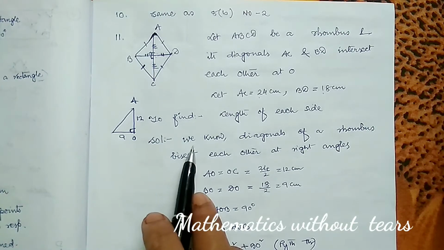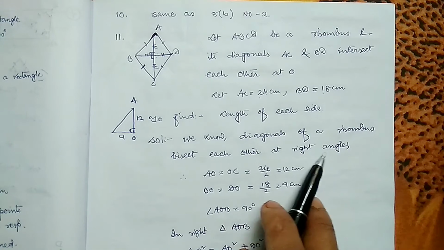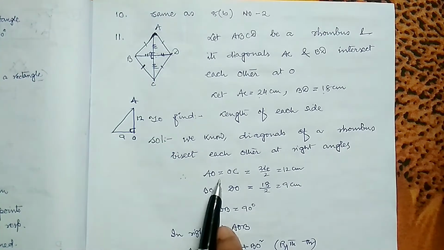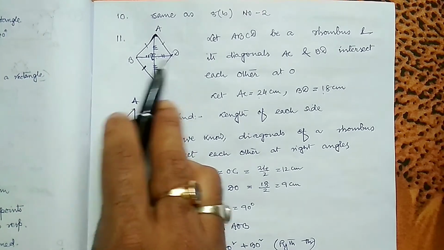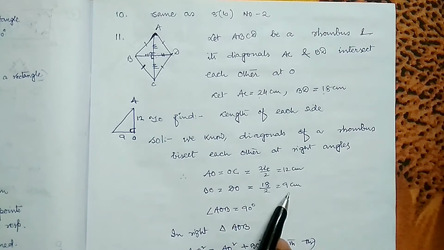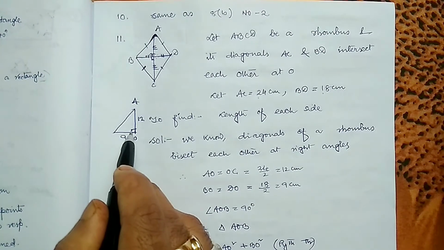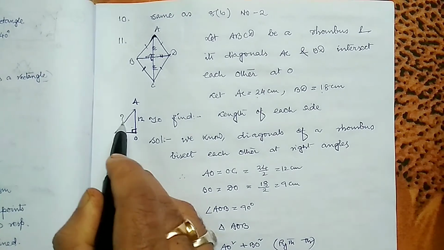So how to solve this sum? We know diagonals of a rhombus bisect each other at right angles. So AO equals OC, 24 by 2, that is 12, and BO equals DO, which is half of 18, that is 9, and angle AOB is 90 degrees. This one is 12, this one is 9, and we have to find this side.